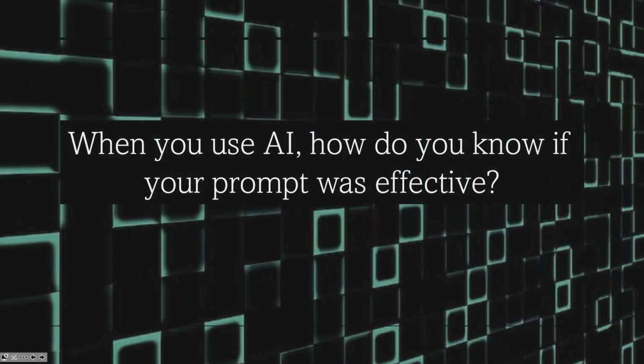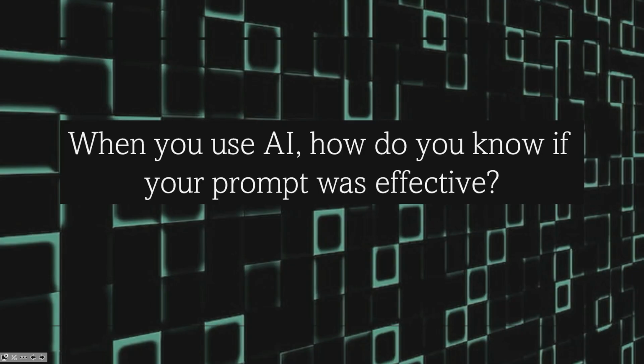So our big question for today is, when you use AI, how do you know if your prompt was effective? Since AI is new to us, we don't exactly know how to prompt. And with practice over and over, you'll start to understand, oh, that's a good prompt, that's a bad prompt. Now, a bad prompt doesn't mean that it's terrible or should never be answered.